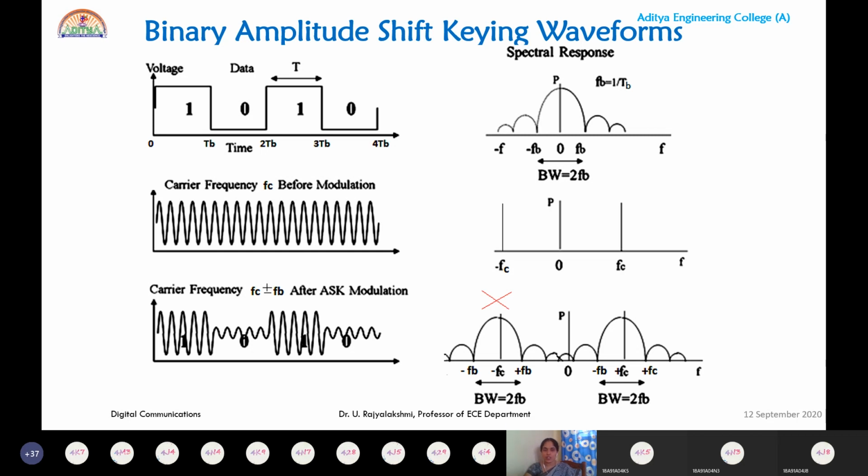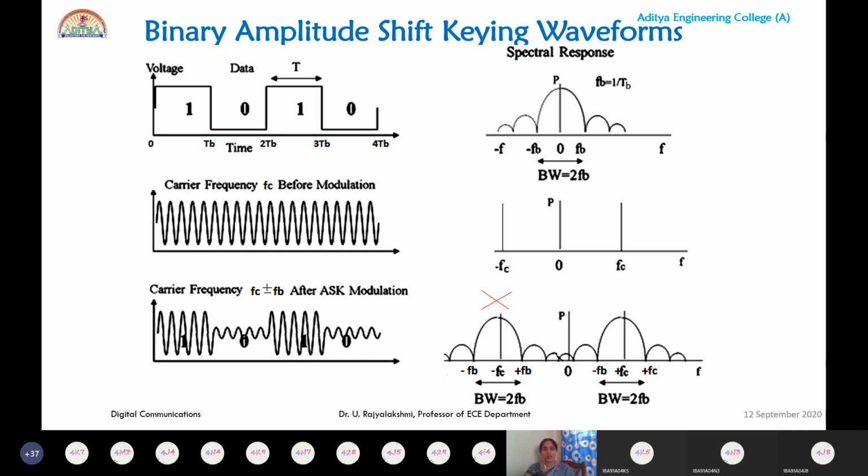Please accordingly observe the spectral response. What is the bit interval? T_B. The reciprocal of that will be the bit frequency. You can observe the spectral response of the input digital signal versus frequency. Because it is a band limited signal, its bandwidth is plus or minus F_B.